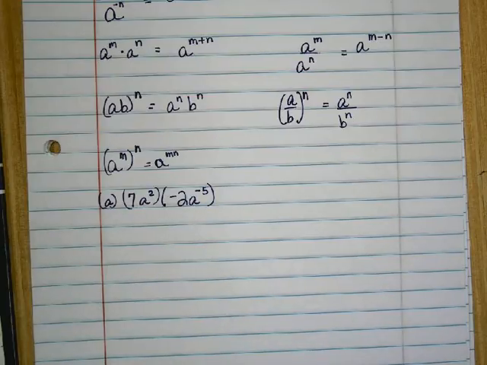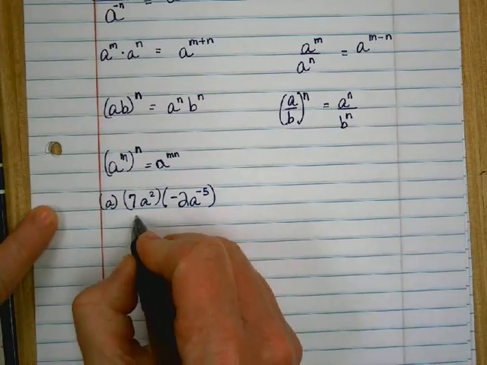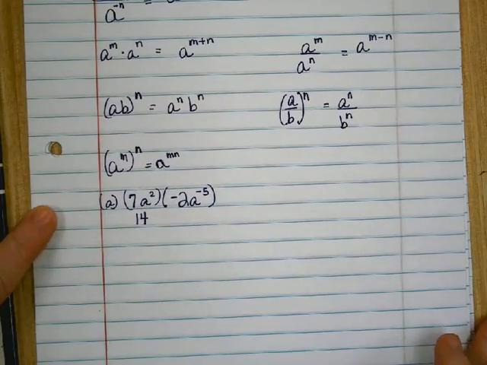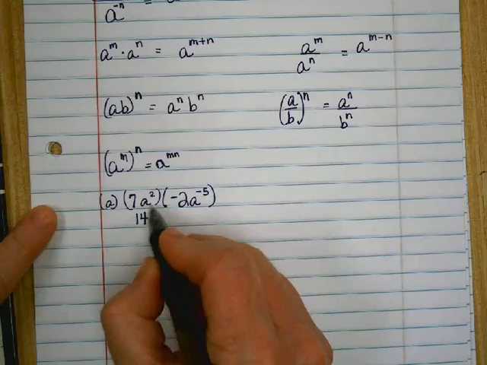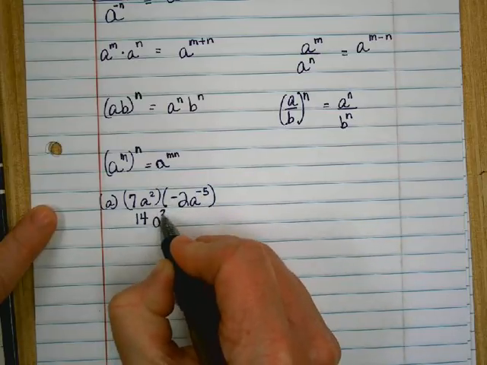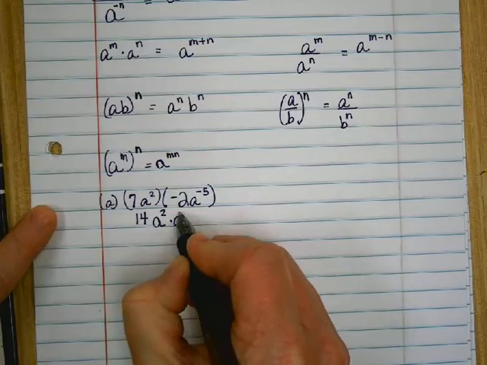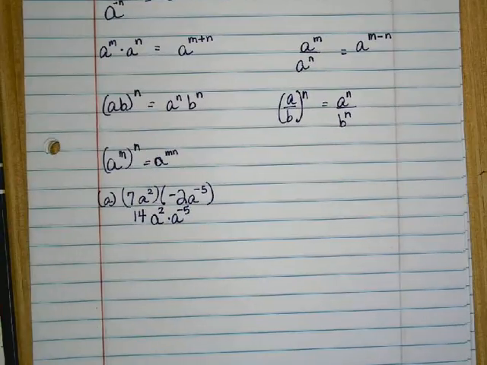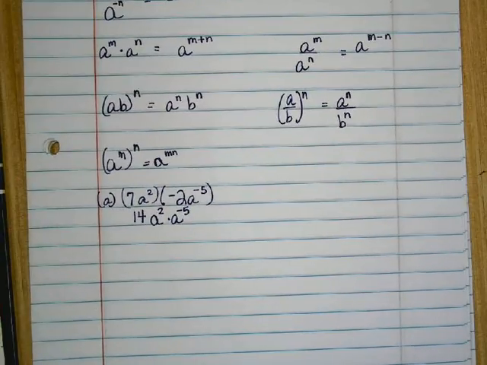So the next thing you need to do is start multiplying those things that are alike. So you can multiply the 7 and the 2, and what's that going to give you? 14. Now what do you do with a squared times a to the negative 5th? I've multiplied the 7 and the 2. Now I've got to do something with these a's.